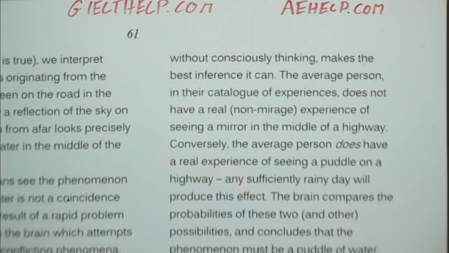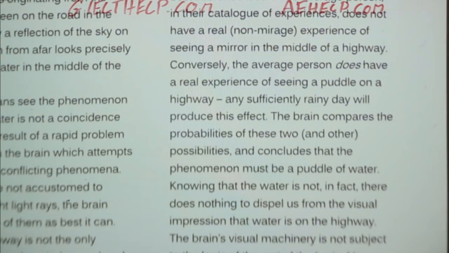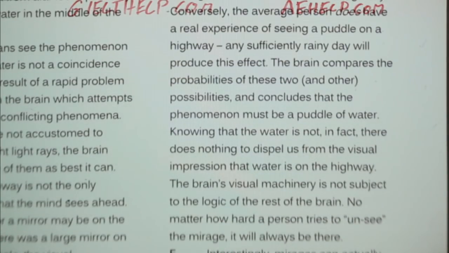Conversely, the average person does have a real experience of seeing a puddle on a highway. Any sufficient rainy day will produce this effect. The brain compares the probabilities of these two and other possibilities and concludes that the phenomenon must be a puddle of water.